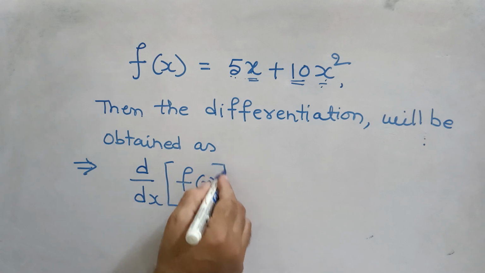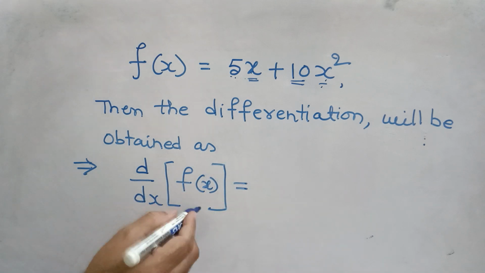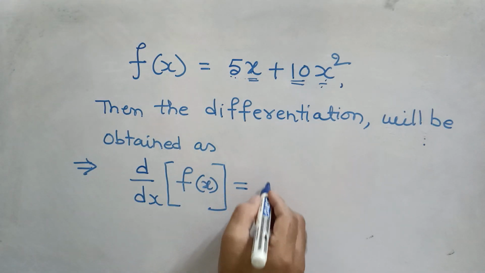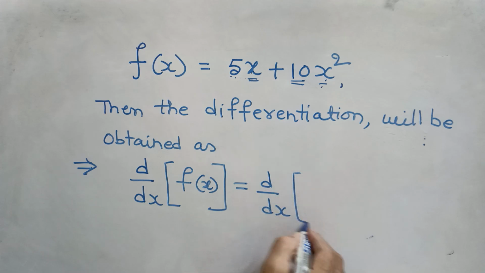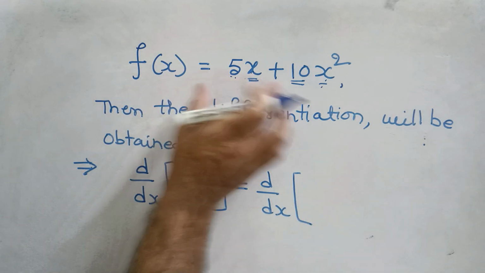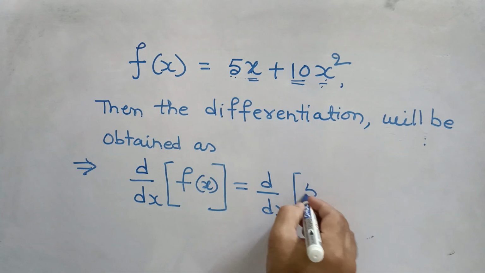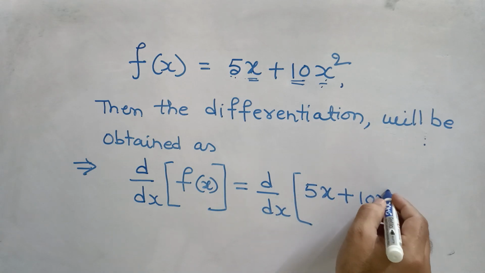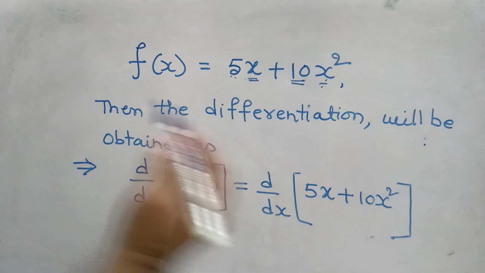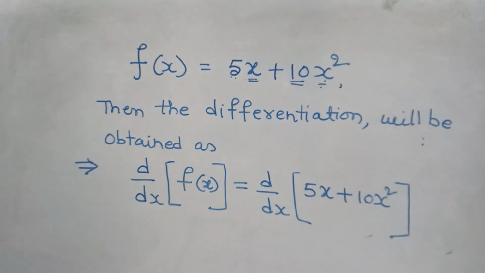This means d by dx of 5x plus 10 into x square. Are you getting or not?